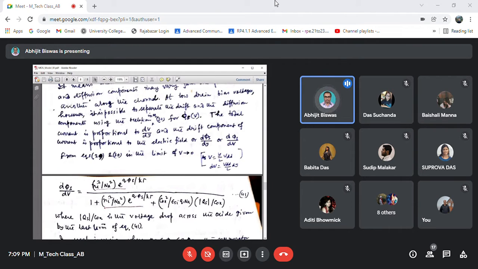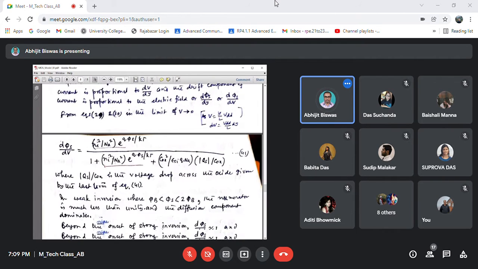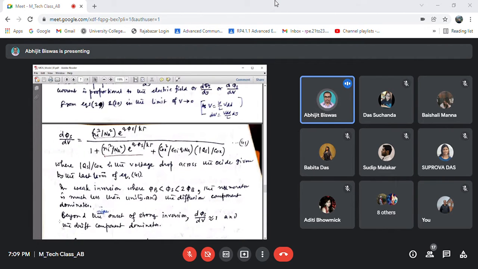Now, if we let this V tend to 0, you can get this electric field d phi s/dV, that can be given by this equation number 41.